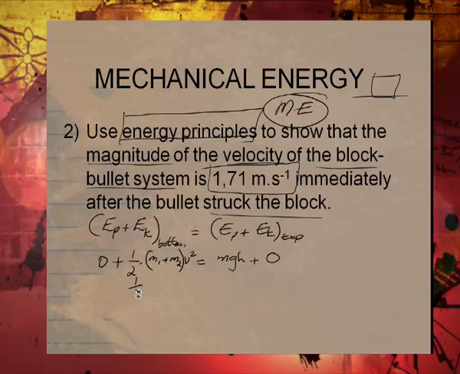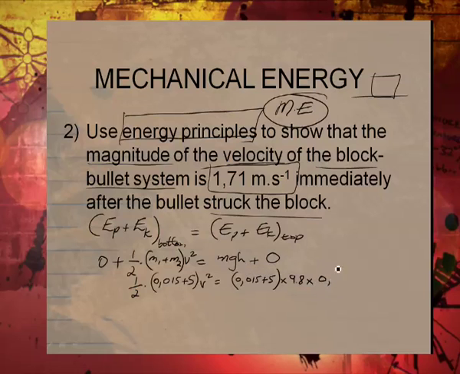Substituting into this, we would say, half, M1 is the mass of the bullet, 15 grams, it's 0.015 kilograms, plus the mass of the block is 5, V squared is what we're looking for. That should be equal to the mass of the system. Again, we know the mass of the system is the mass of the block plus the mass of the bullet, times 9.8 times the height, which is 15 centimeters.